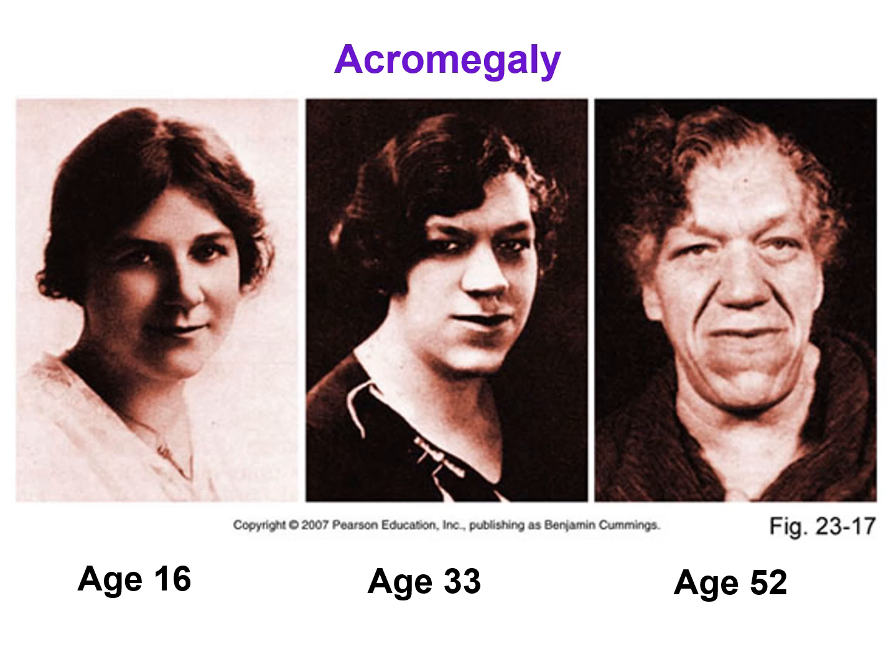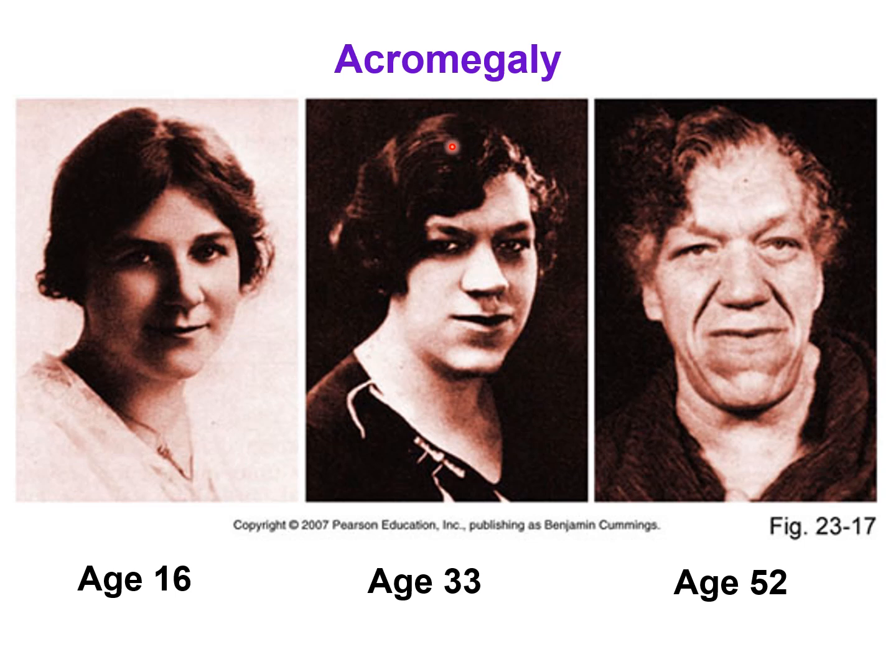And so it really changes your appearance. So you can see this young woman at the age of 16. She did not have the anterior pituitary tumor yet. She was very attractive. And then you could see at age 33, you could see the effects of the anterior pituitary tumor that is producing too much growth hormone.